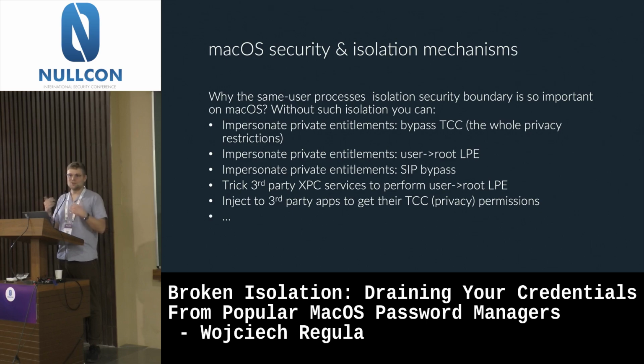So there would be no user-to-root security boundary if you can impersonate private entitlements. There would also be a SIP bypass, because you would be able to assign yourself an entitlement that completely bypasses SIP. So you'll be out of the matrix of the global hallucination sandbox, as I like to call it. Of course, you would also be able to trick third-party XPC services, etc.